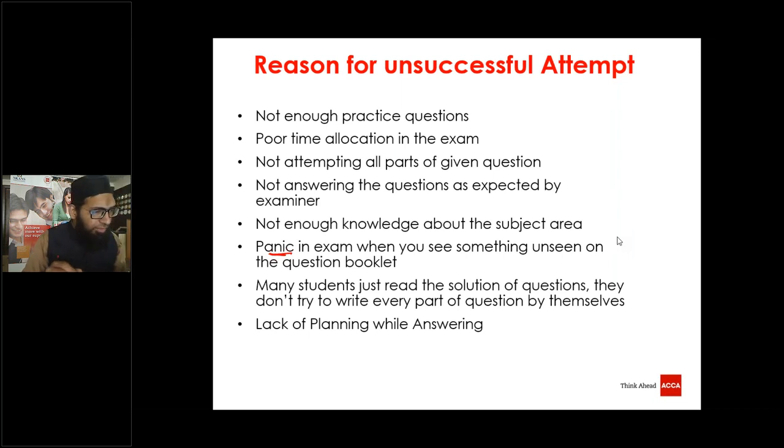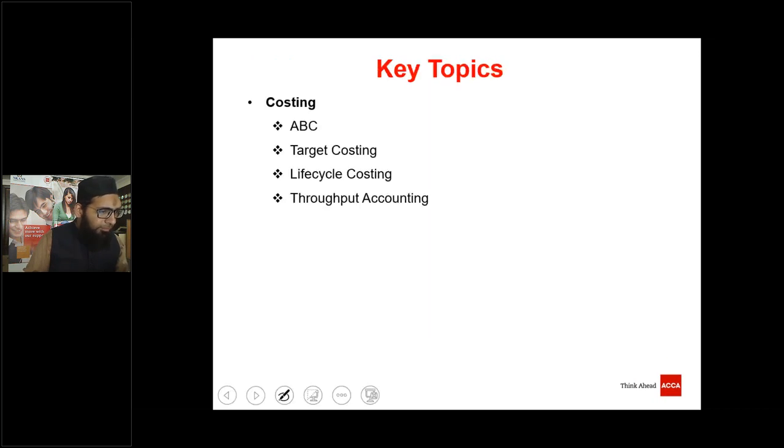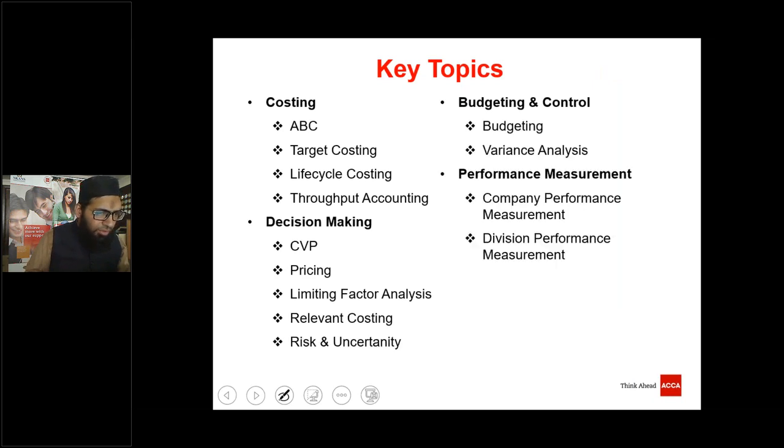So let's discuss the key areas of F5, the key topics. These are the 4 key areas of the subject. The first one is costing. Costing is subdivided into 4 key topics: ABC, the activity-based costing, then target costing, life cycle costing, and throughput accounting.